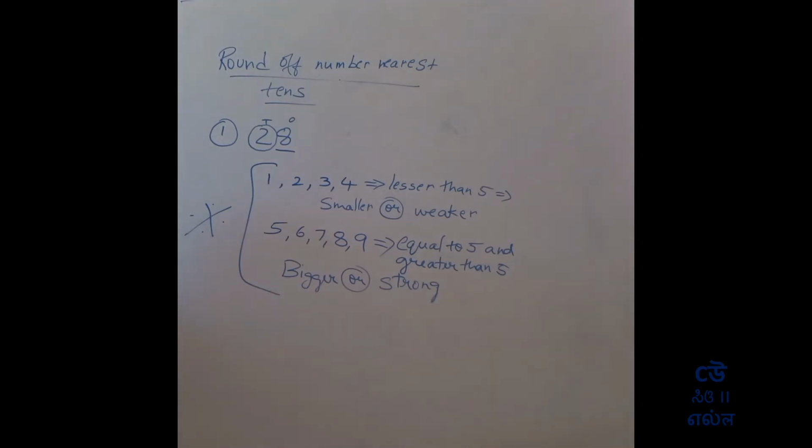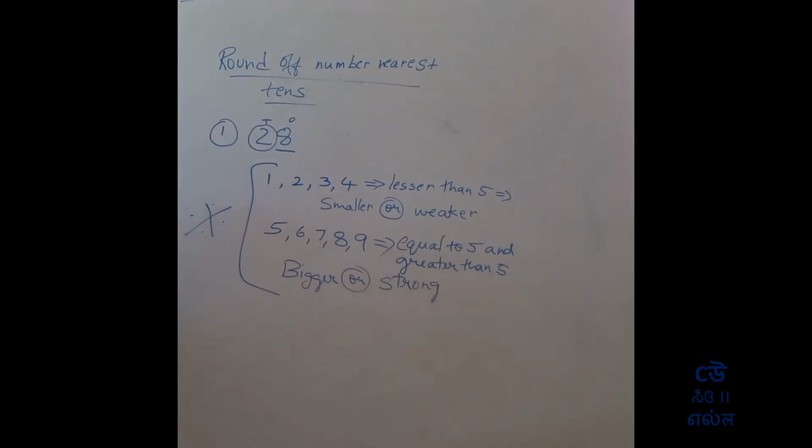So if you have bigger number, then you will increase one number in tens place. That is 2 will be increased to 3. Understood, children? If you have ones place value greater than 5, then you will add one number to the tens place value number, that is 2.